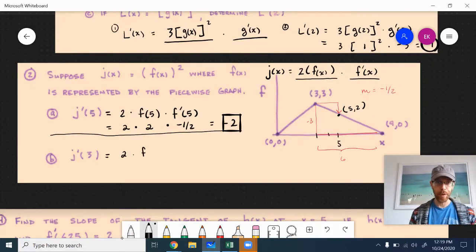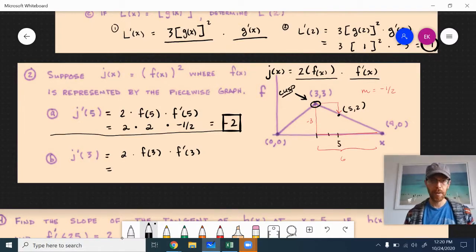And something interesting is going to happen at 3, because f of 3, let's see, we're at this point right here. Ooh, what kind of point is that, ladies and gentlemen? That's right, this is our buddy, the cusp. All right, so this cusp would be f of 3 is 3, but f prime of 3 would be the slope at a cusp, which is undefined, right?